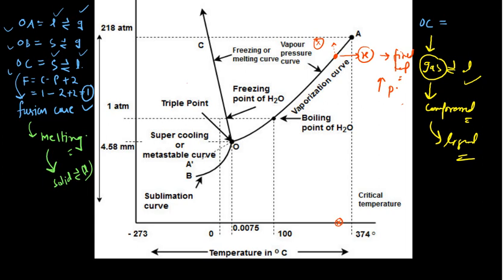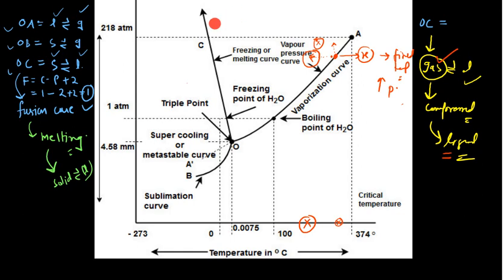Say you have come somewhere here, decreasing the temperature. When you decrease the temperature, your gas again would condense and give you the liquid. So you can do two things: fix the temperature and increase the pressure, this will give you the liquid; or fix the pressure and decrease the temperature, then you will also have the liquid.